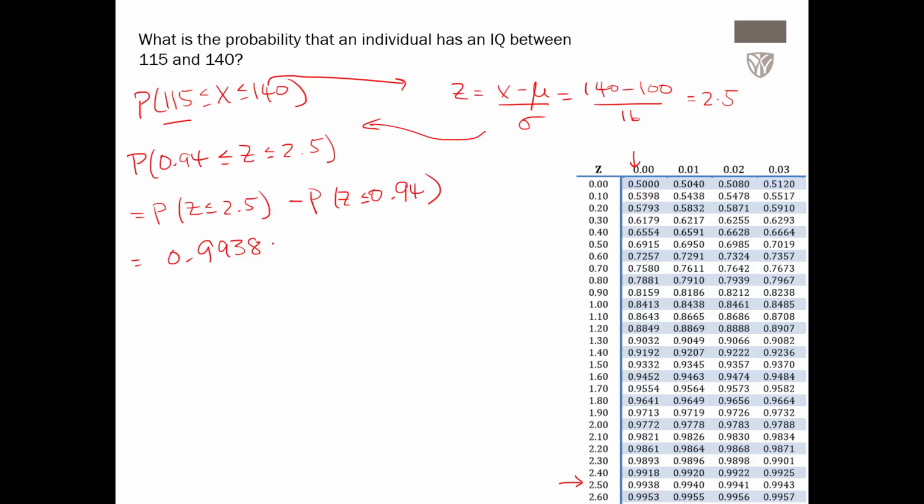From the previous example, we know that the probability for 0.94 is 0.8264. And we can do that subtraction. And if we do that subtraction, we get a probability of 0.1674. So again, the process is the same. We just have to take that little side trip to compute our z-scores.